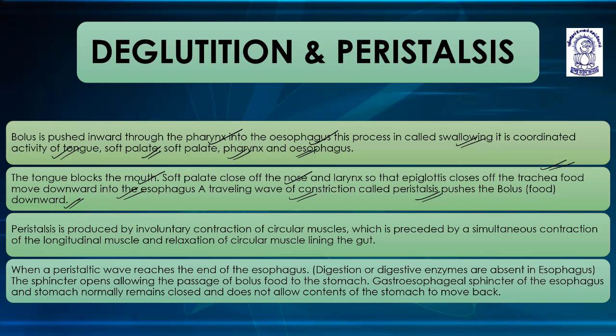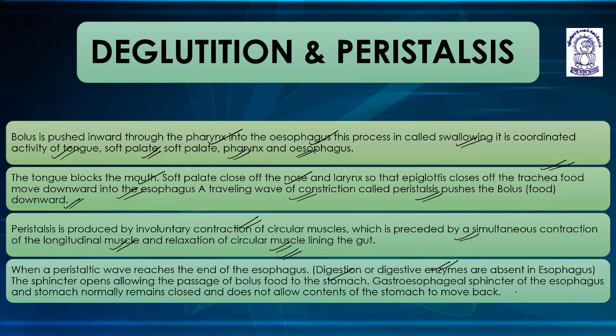Peristalsis is produced by the involuntary contraction of circular muscles, which is preceded by simultaneous contraction of longitudinal muscles and relaxation of circular muscles lining the gut. When a peristaltic wave reaches the end of the esophagus, note that digestive enzymes are absent in the esophagus. The sphincter opens, allowing the passage of the bolus of food into the stomach.